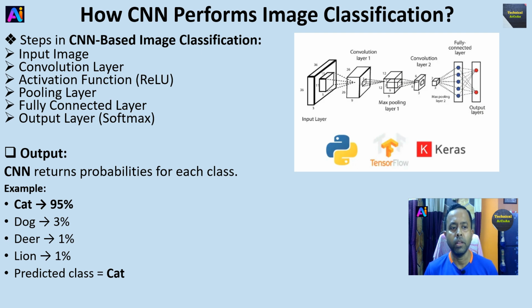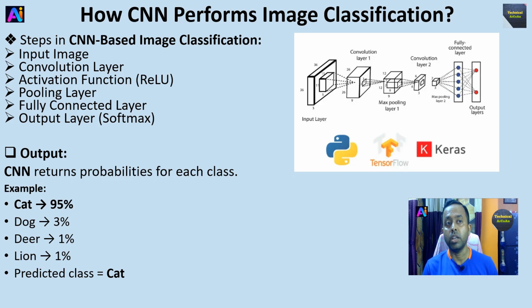For example, CNN returns a probability for each class. Example, images like cat, dog, deer, lion, and if the image is a cat, then the probabilities would be near about cat 95%, dog 3%, deer 1% and lion 1%. So the predicted class will be a cat, right?